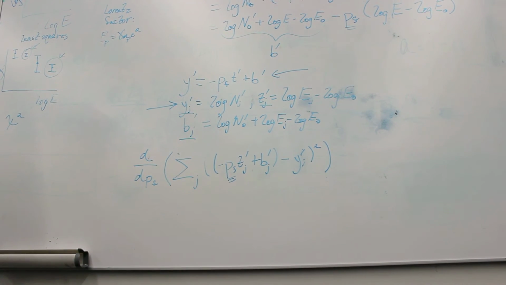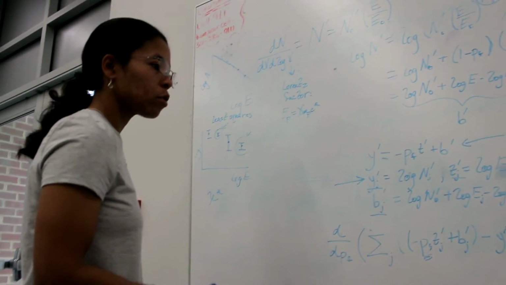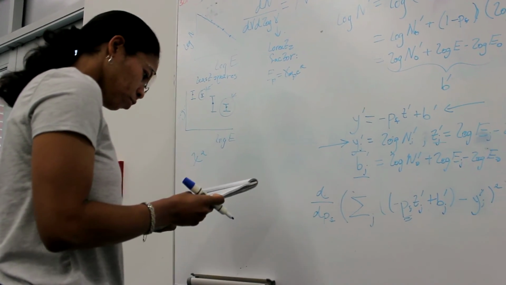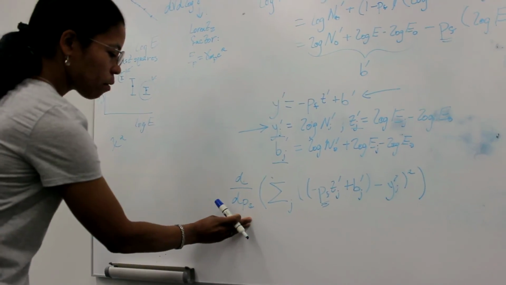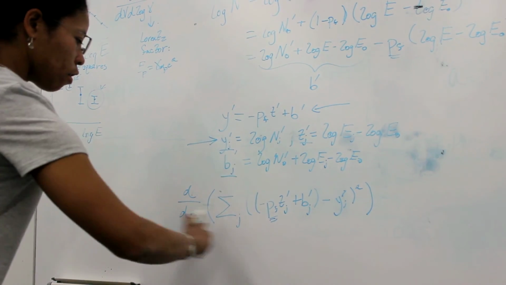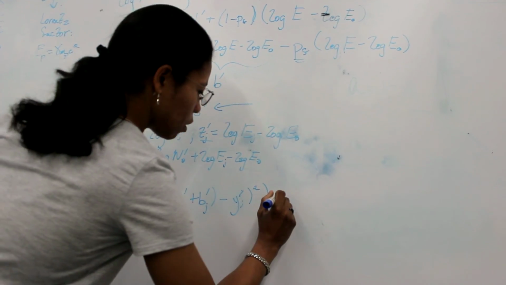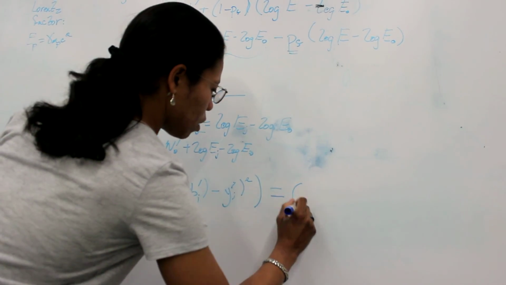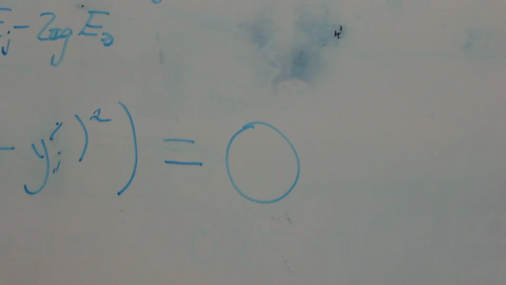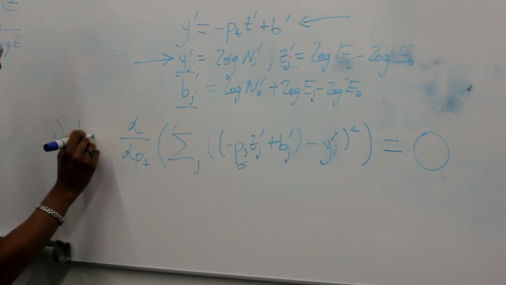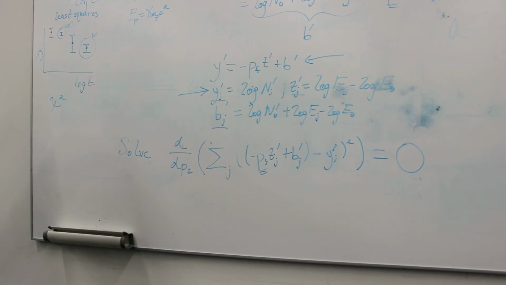Since this is a minimization problem, we remember from freshman or high school calculus that to find the minimum value of whatever's inside, you set the derivative equal to 0. This is what we have to solve. Do you want me to carry through this whole calculus?